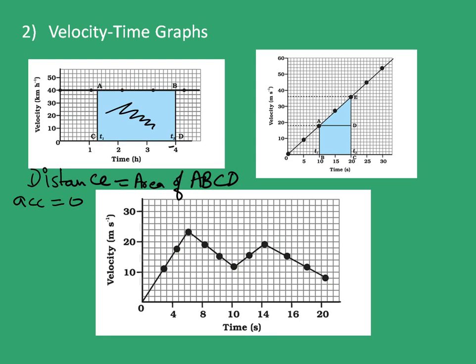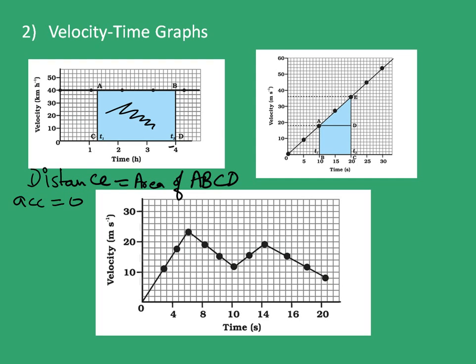Now, in order to find the distance traveled in the second example, the second graph, we need to find the area AECB, that is the area under the curve. Now this figure is also called a trapezium. To find the area of trapezium AECB, we can divide it into two parts, that is triangle AED and a square or rectangle, say ADCB.